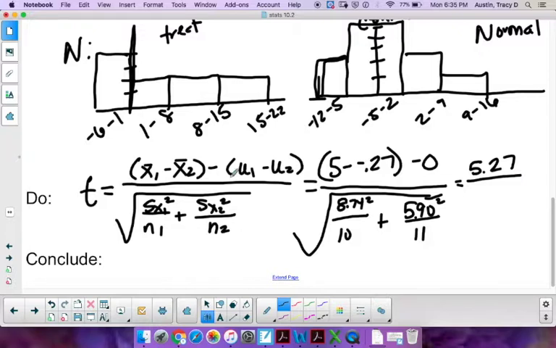Okay, and I'm getting 3.29 rounded for my standard deviation combined. Okay, 3.2868 and a whole bunch of other stuff. So 5.27 divided by 3.29 gives me 1.6.